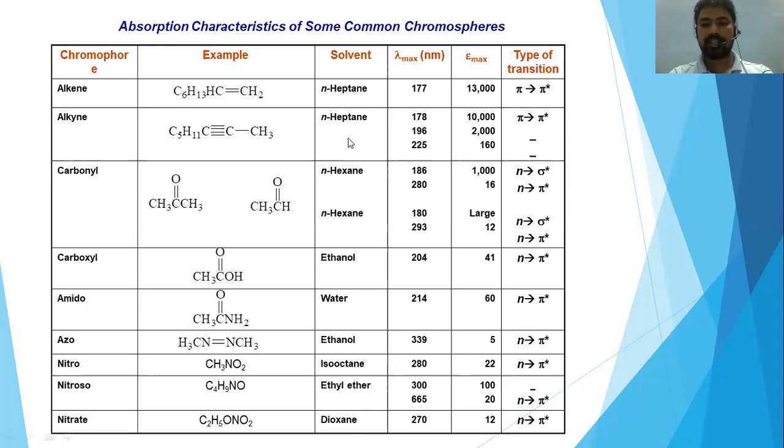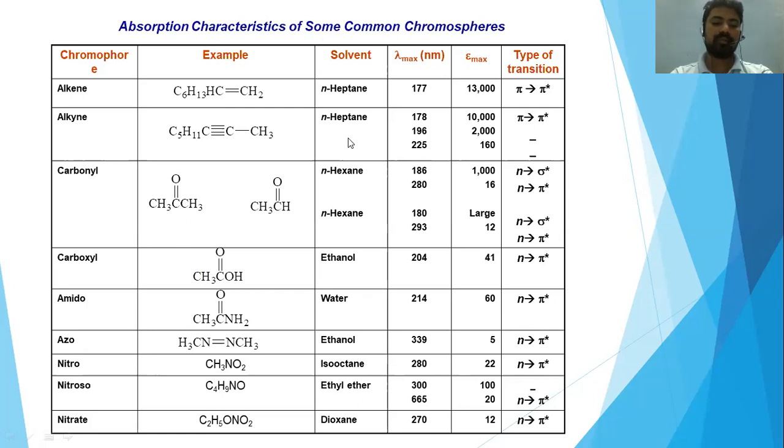You can also see the absorption intensity value will be very little, that is 41 liter per mole per second. The transition taking place is the n to pi star transition. So the lone pair electrons present at the non-bonding molecular orbital level of the carbonyl oxygen are undergoing activation to the pi star anti-bonding molecular orbital.